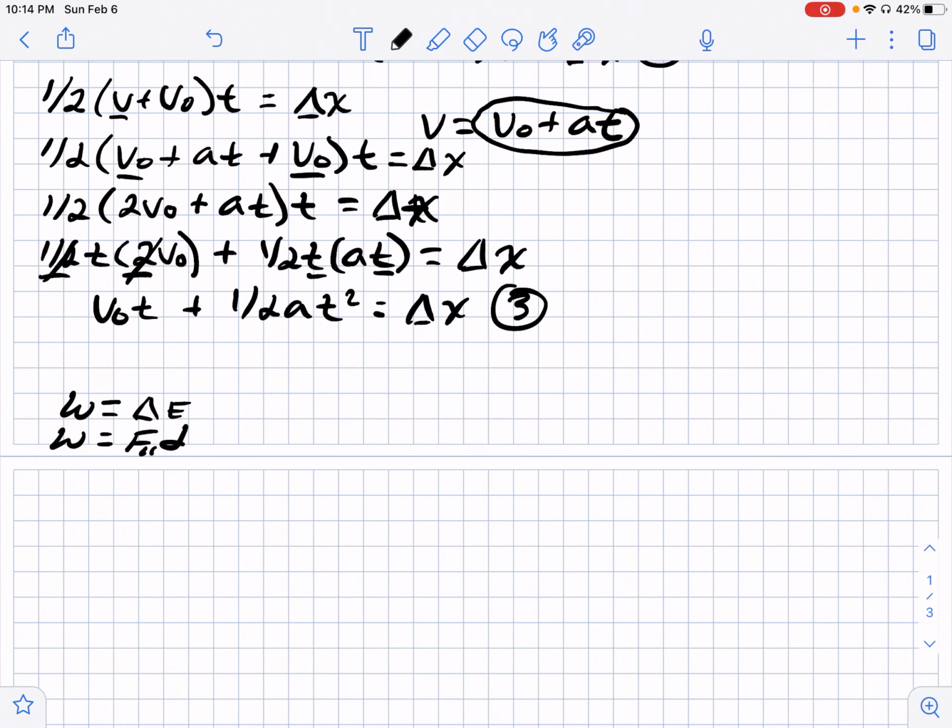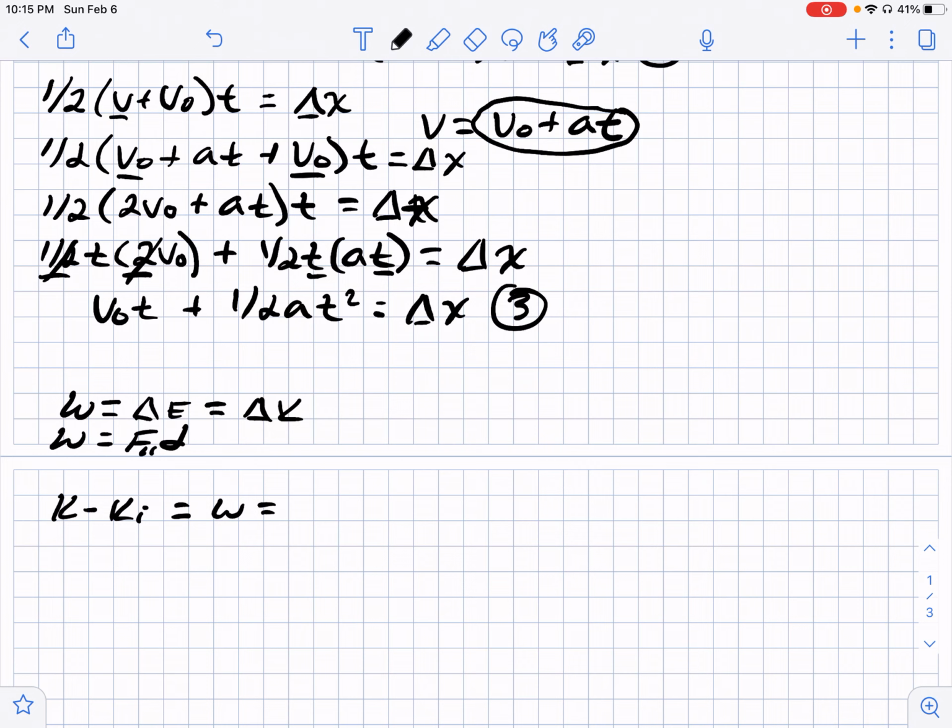And so we're going to derive our last kinematic equation from this here. Now, let's say that that change in energy is kinetic. So it would be equal to change in kinetic energy. Change in kinetic energy would be your final kinetic energy minus your initial. And again, we're setting that equal to work.